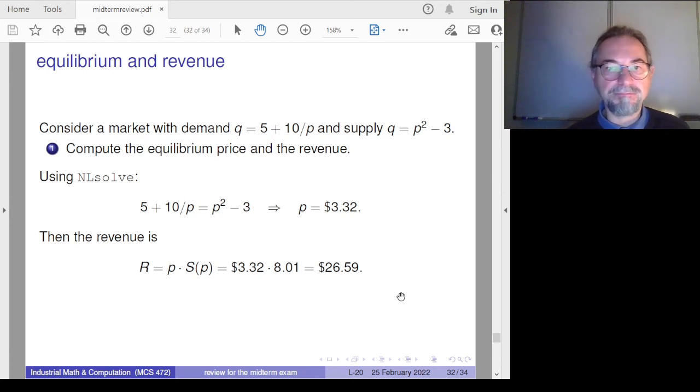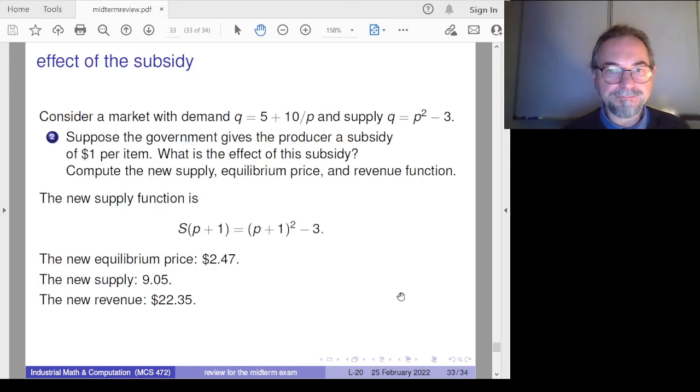So we take the supply function, or we can also take the demand function. It doesn't really matter. We multiply the quantities with the price solved. So this gives us the revenue. Okay, so the units here don't really matter much.